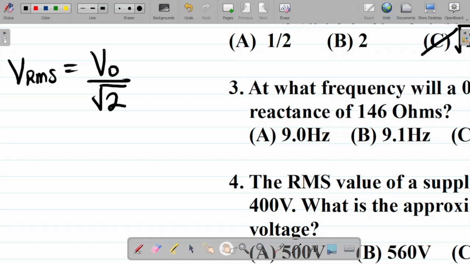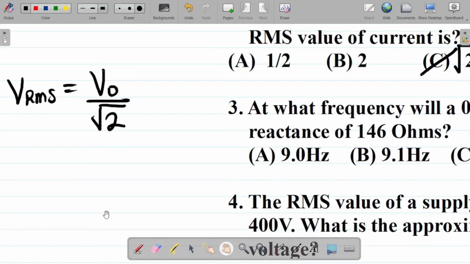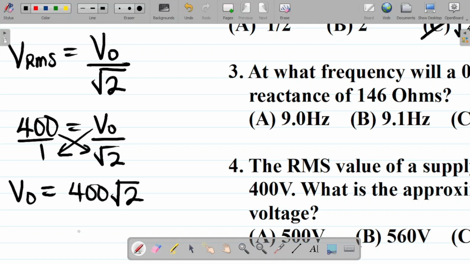So if the RMS value is quoted at 400 volts, that means 400 is equal to V naught all over root 2. To get the value of V naught, this is all over 1, so I'll cross multiply. V naught is equal to 400 root 2. Let's get our calculator and punch this.